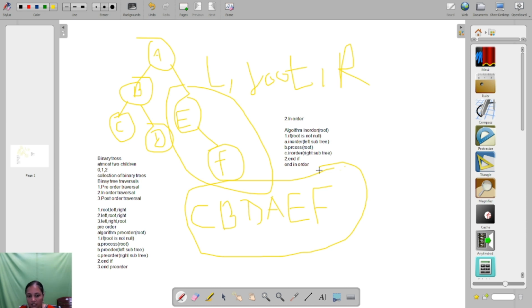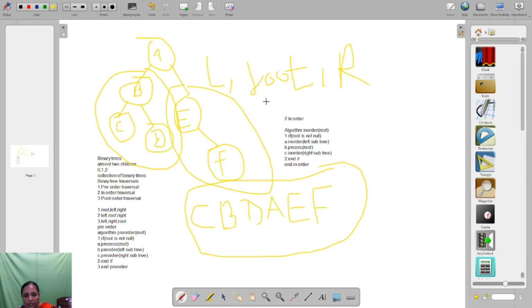Once again I repeat. In order, the rule is left, root and right. First you see the left hand side, then you visit root, then you visit right. In the left hand side, the left child is C, so you write C first. Root of the C child is B, so you write B. Next the third one is right, D. So left hand side is completed.